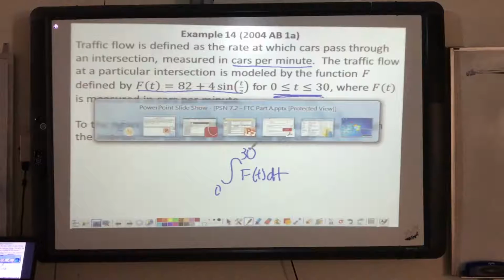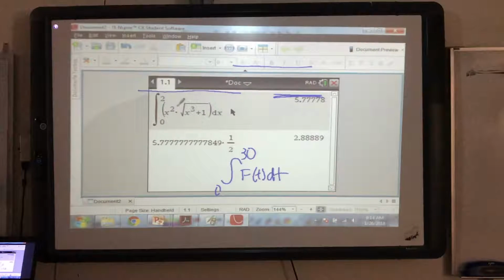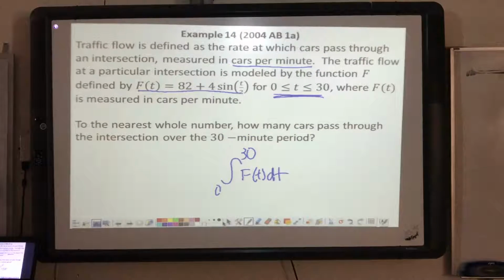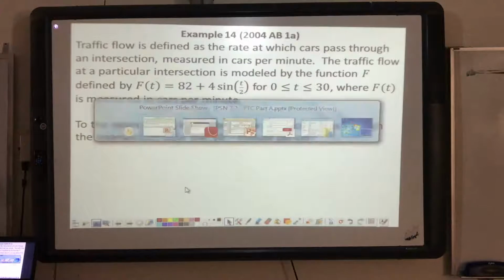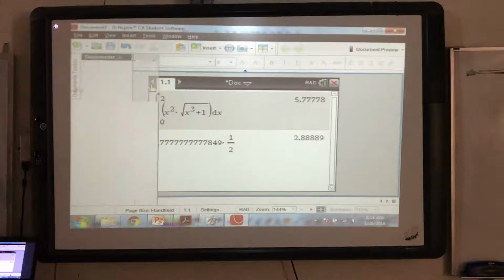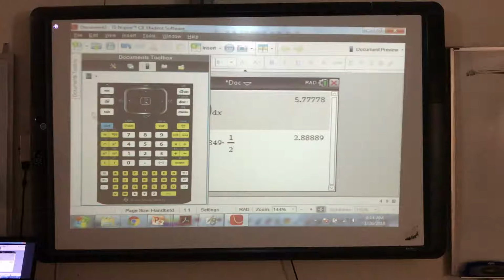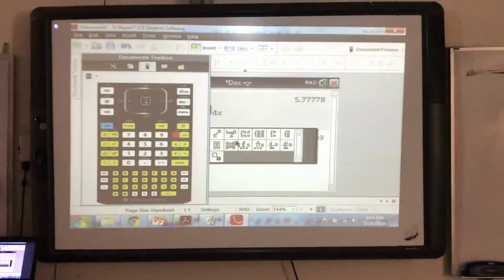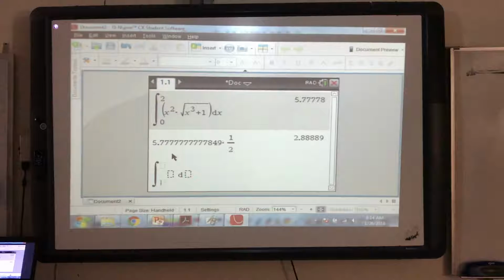I go to my calculator, and I have to get rid of the overlay, my apologies. Go to my calculator, I'm going to evaluate that definite integral from 0 to 30.